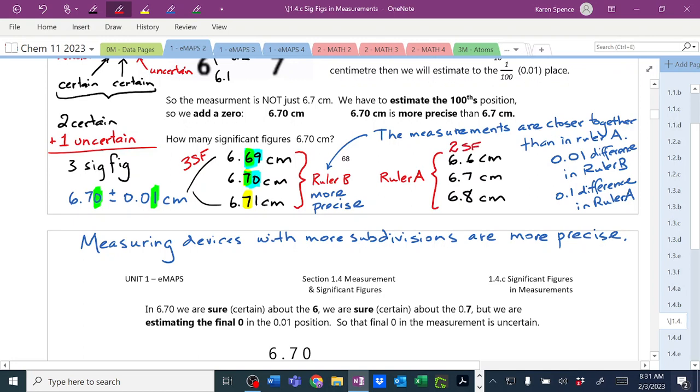So the other thing that we can note about measurements and precision is that the more significant figures we have, the more precise the measurement is. So the more sig figs we have in a measurement, the more precise the measurement.